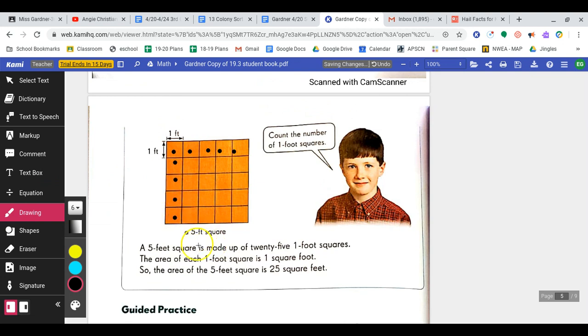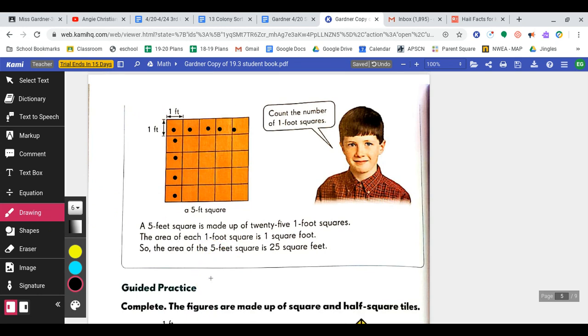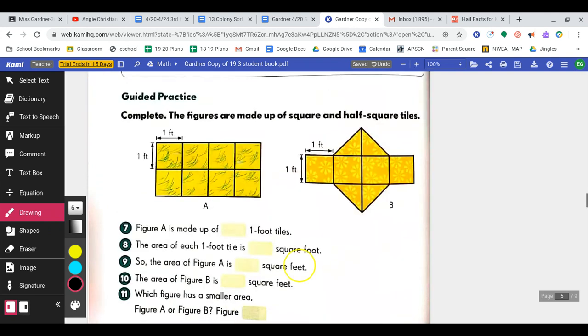It also says a 5-foot square, and we know squares are the same length and width, so we could say that it's going to be 5 times 5. Now 5 times 5 equals 25. So this square has an area of 25 square feet, or we could write it as 25 feet squared.